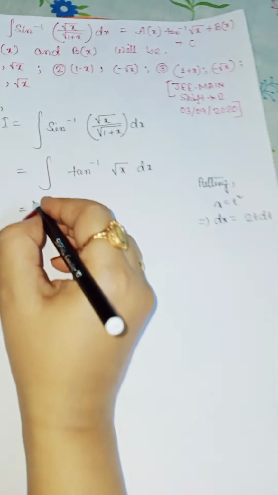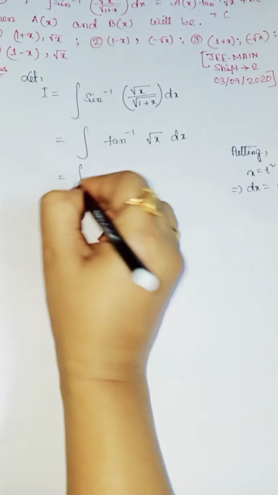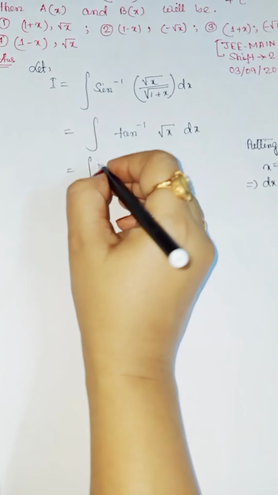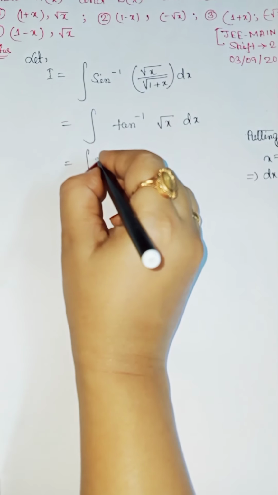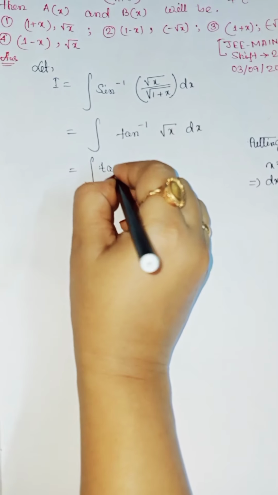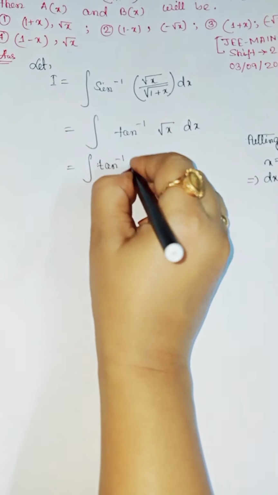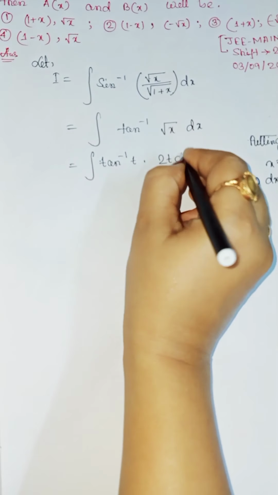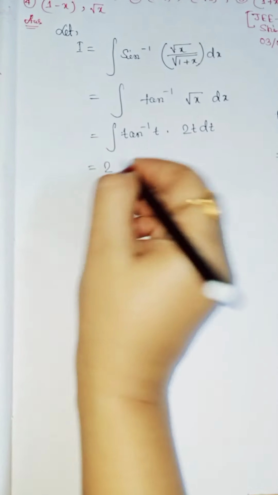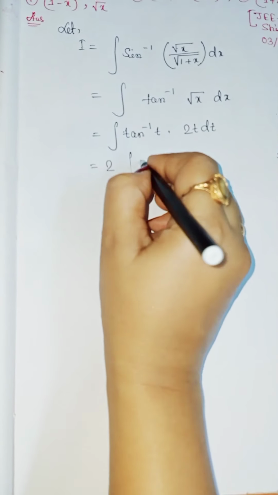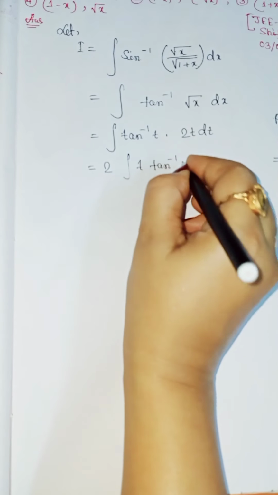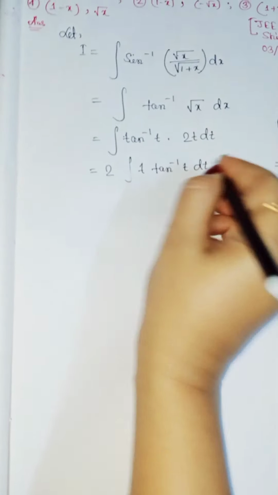Then the integration of tan inverse root x means tan inverse t into dx, which means 2t dt. So 2 is here and it becomes the integration of 2t tan inverse t dt.